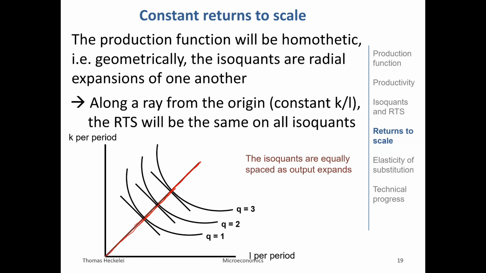So the isoquants will be equally spaced as the scale of production expands along this ray. So the slope of the isoquants will remain the same at this point. They just shift along the line. And the tangent line at this point will also have the same slope. This is quite abstract, but sometimes it will be useful.